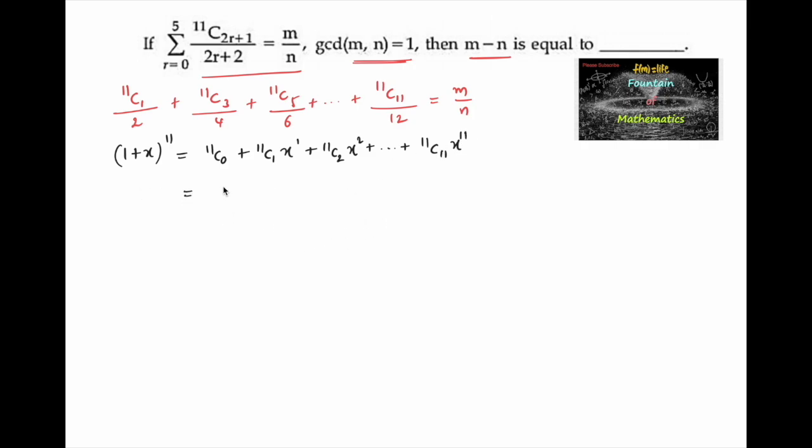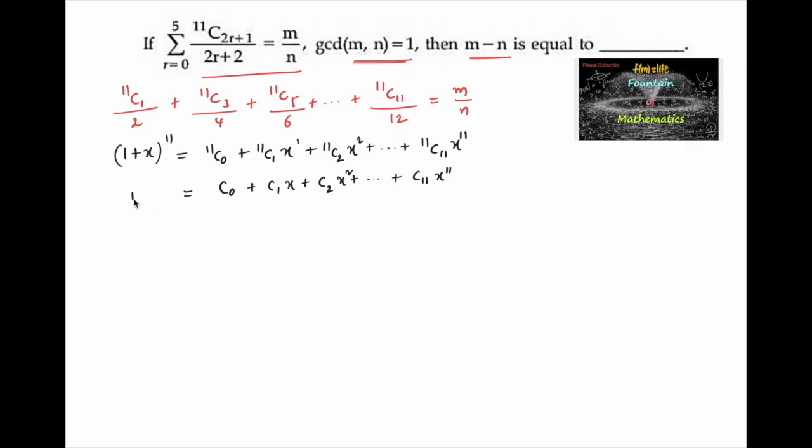So this can also be written as C0 plus C1 x plus C2 x square, and so on, C11 x to the power 11, where C0, C1, C2 up to C11 are the binomial coefficients.